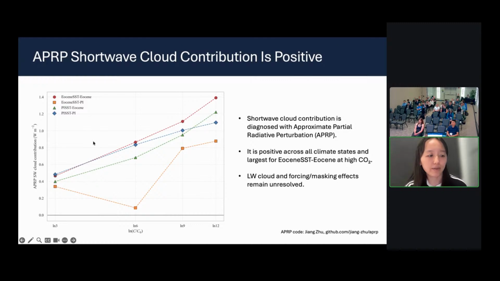This term is positive across all cases and generally grows with CO2, so it goes in the same direction as the ERF. That suggests shortwave cloud change may be one contributor to the positive ERF differences. However, the magnitude of this shortwave cloud contribution is relatively small.